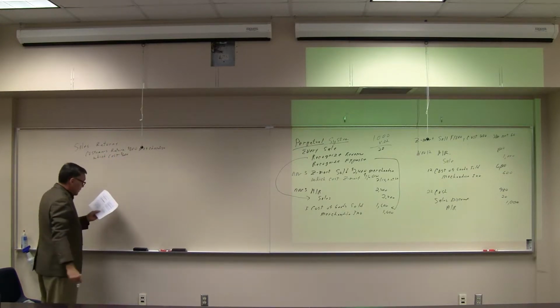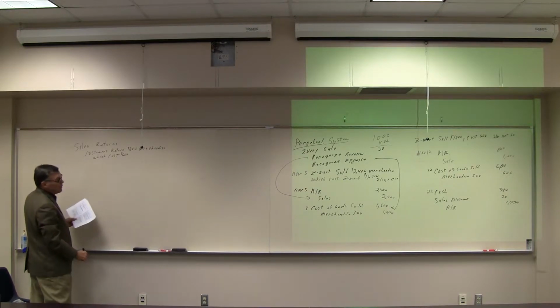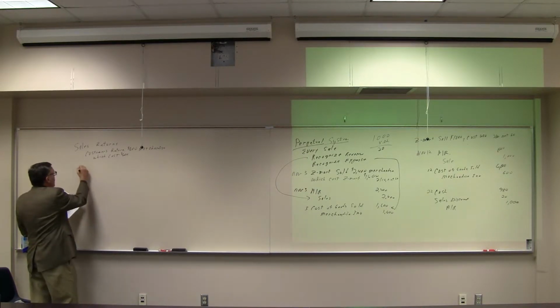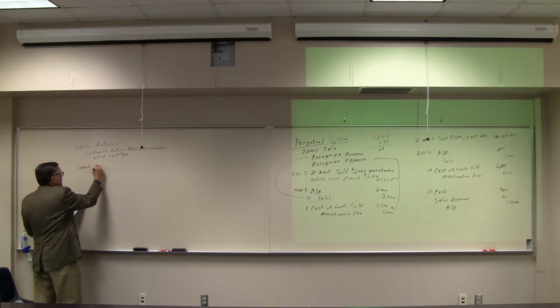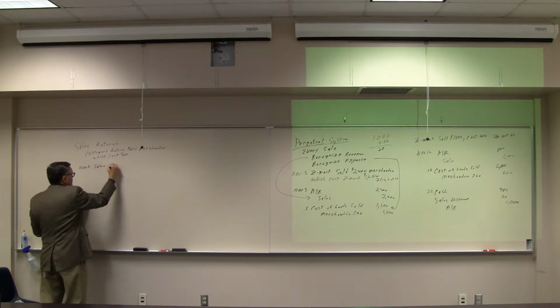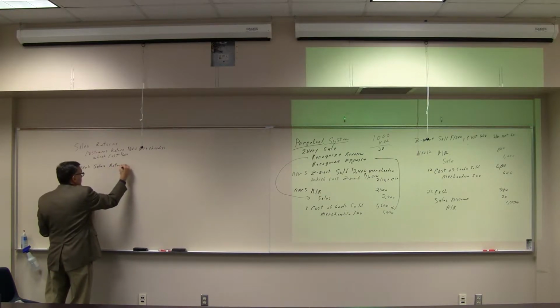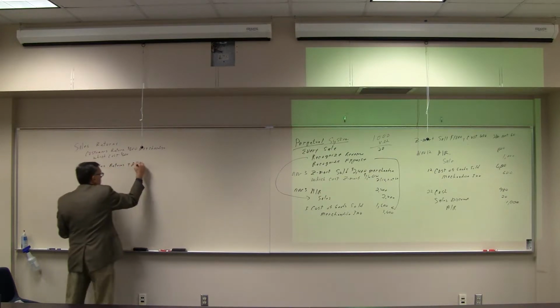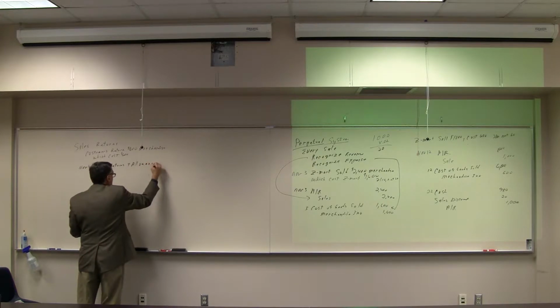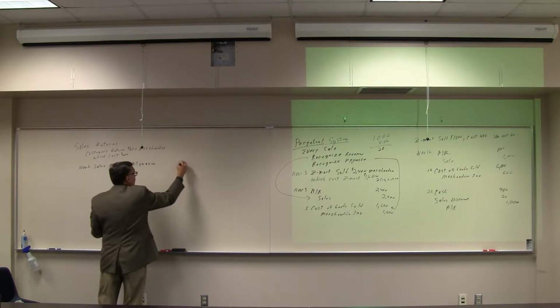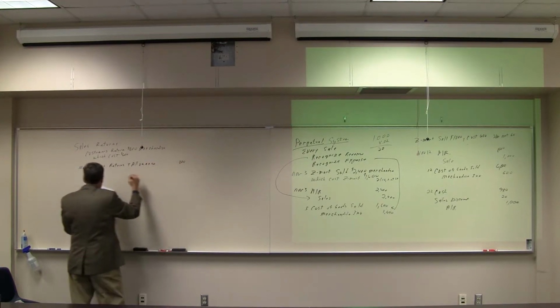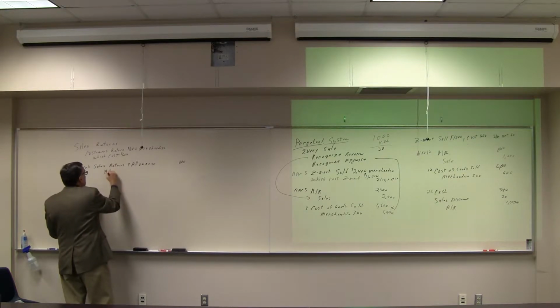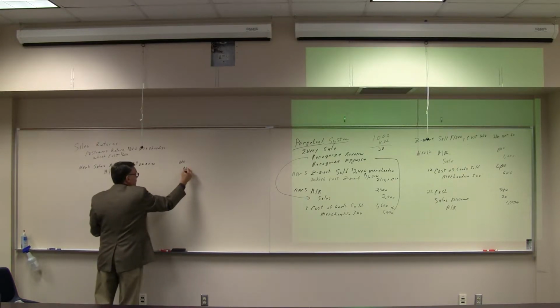Okay? So this is what it looks like. Let me put it up here and then we'll discuss it. So, and they returned it on November 6th. So what happens here is sales returns and allowances will be debited for the 800, and accounts receivable will be credited for the 800.